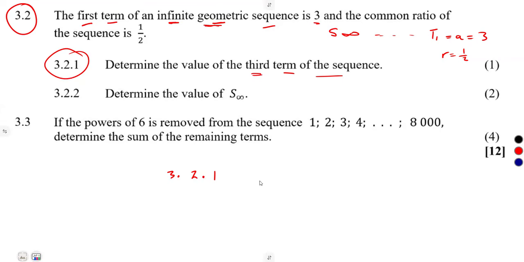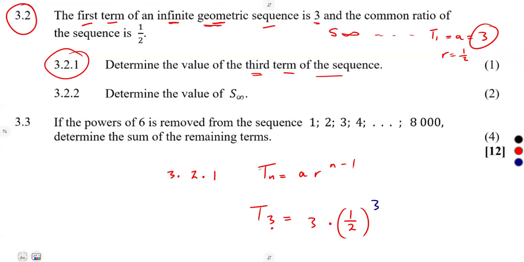The general formula is still the same for Tn. If our Tn is ar to the exponent of n minus 1, therefore we can find the third term because we are given this. So our T3, third term, is equal to our A, that's 3, times our R, given as 1 over 2 to the exponent of n minus 1. Remember, our n is what?